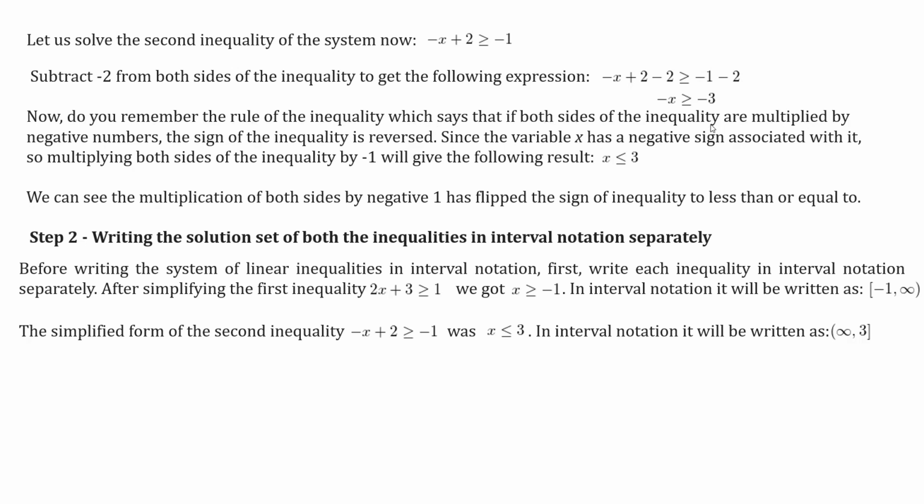Since the variable x has a negative sign associated with it, we multiply both sides by -1 and get the following result. Next, writing the solution set of both inequalities in the interval notation separately.